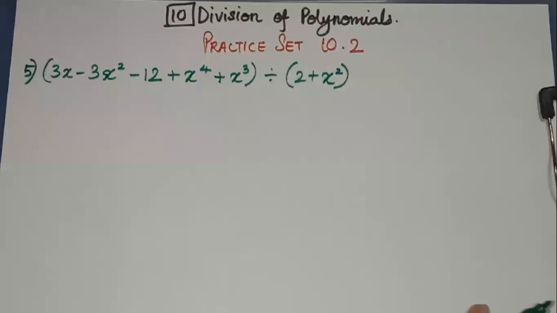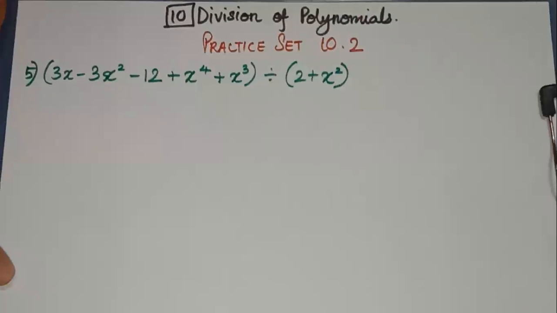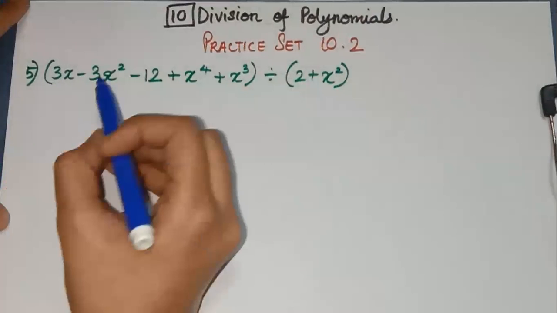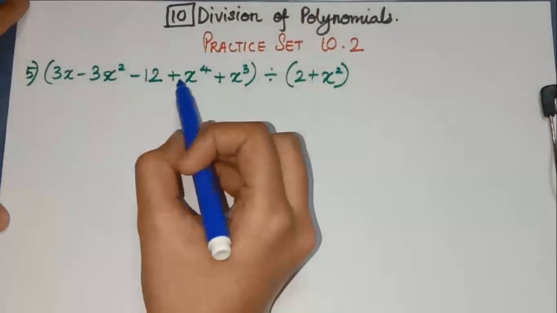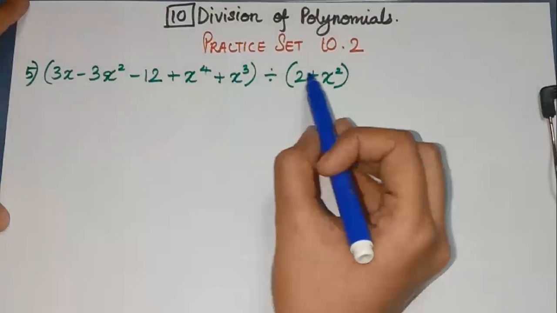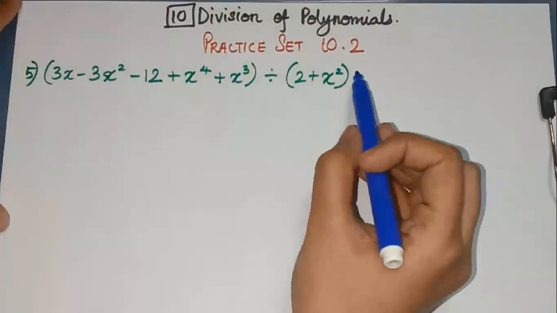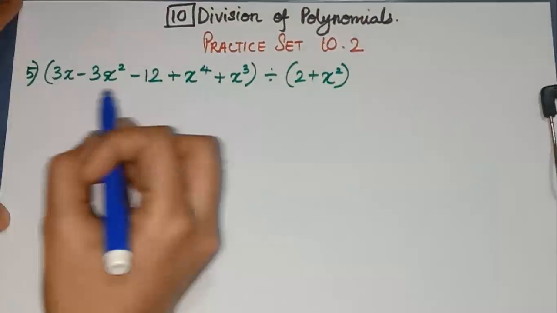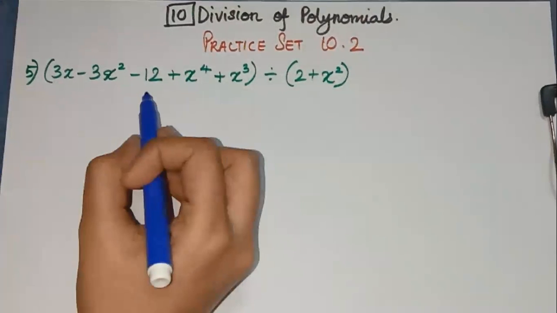Now girls, we will be doing the fifth sum of this practice set. Okay, so the fifth sum says 3x minus 3x square minus 12 plus x raised to 4 plus x cube, the whole divided by 2 plus x square. Now as you can see, the powers are not written in descending order, so we are going to firstly write that.